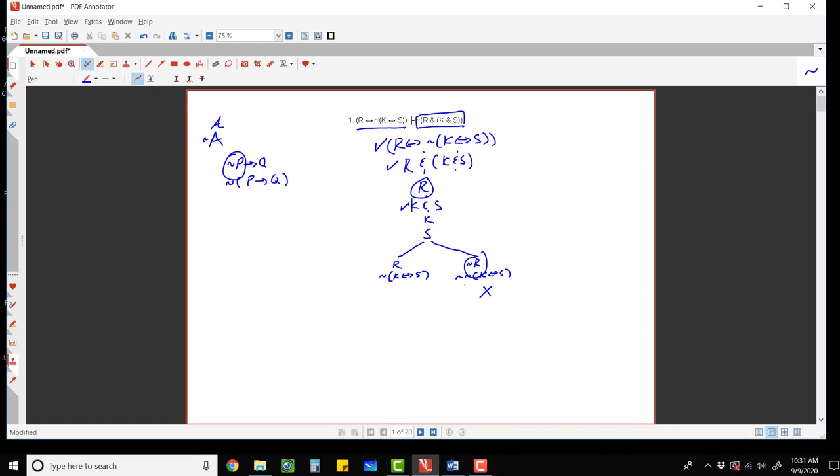However, remember, we only conclude that an argument is valid if it's impossible for the premises to be true and the conclusion false, and that means that every branch has to close. So the branch on the left is still open, and that's because not the case that K, if and only if S, can still be further decomposed according to the rule for negated biconditional, which again you'll just have had to memorize.